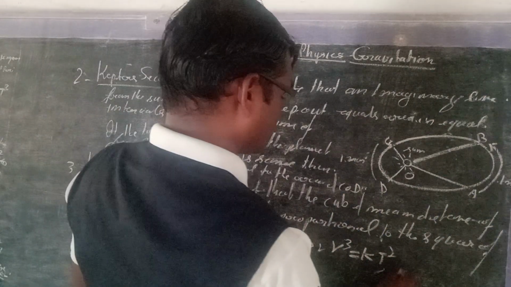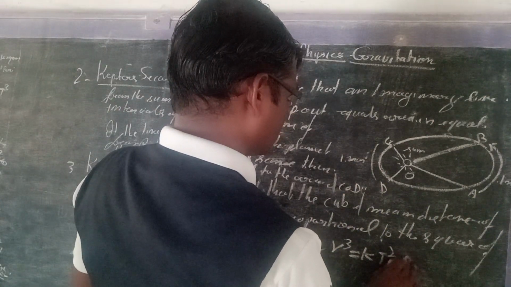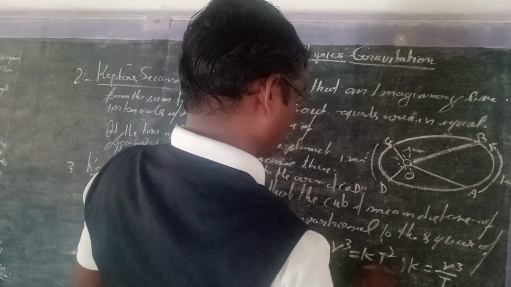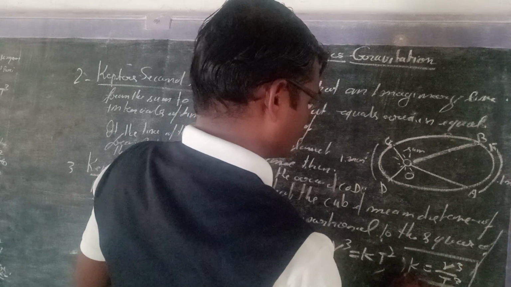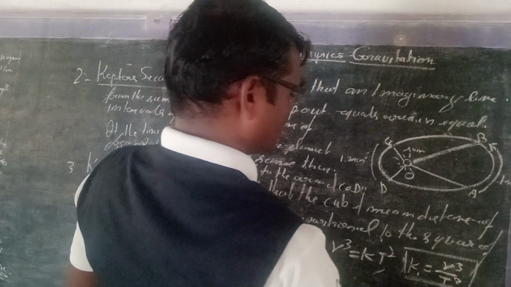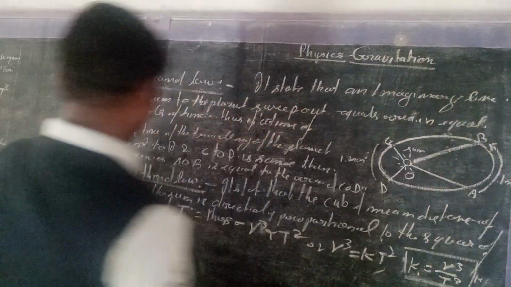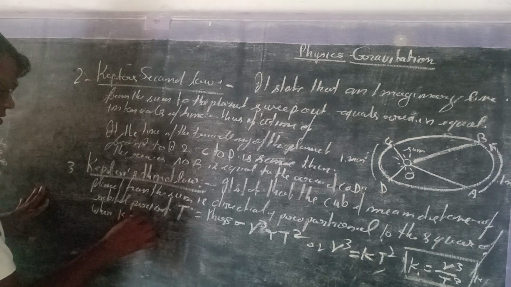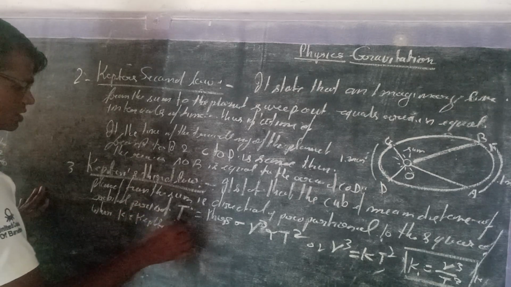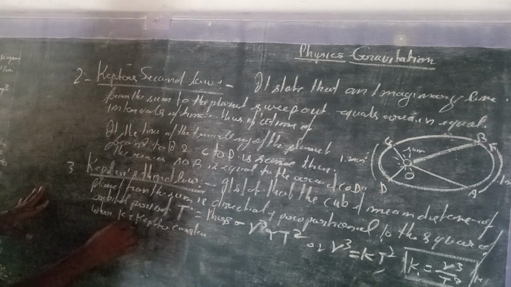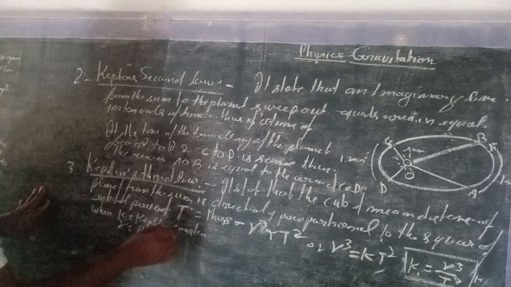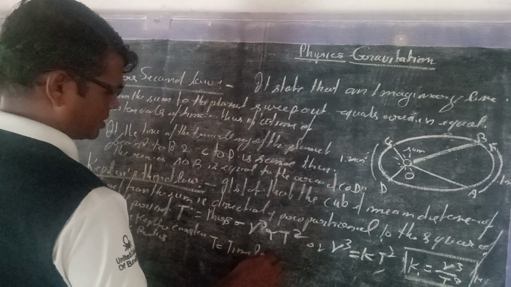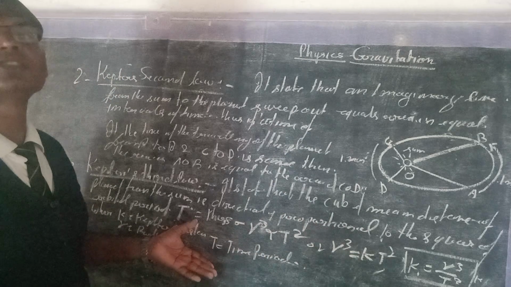Then we further write K is equal to R cubed by T squared, where K is Kepler's constant, R is the radius, and T is the time period.